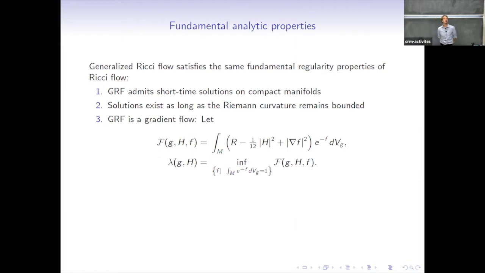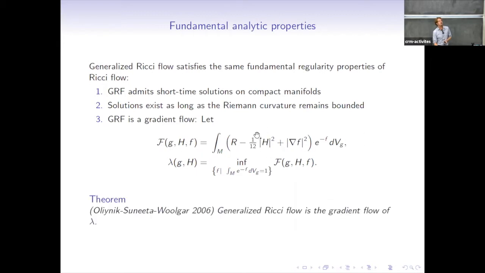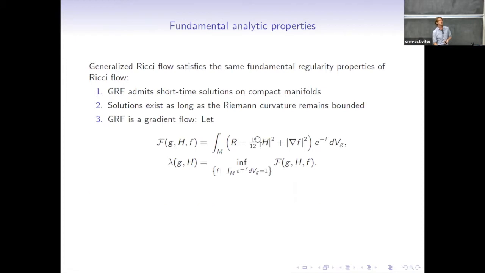Okay, so here I wrote this functional. Yes. So can H blow up?